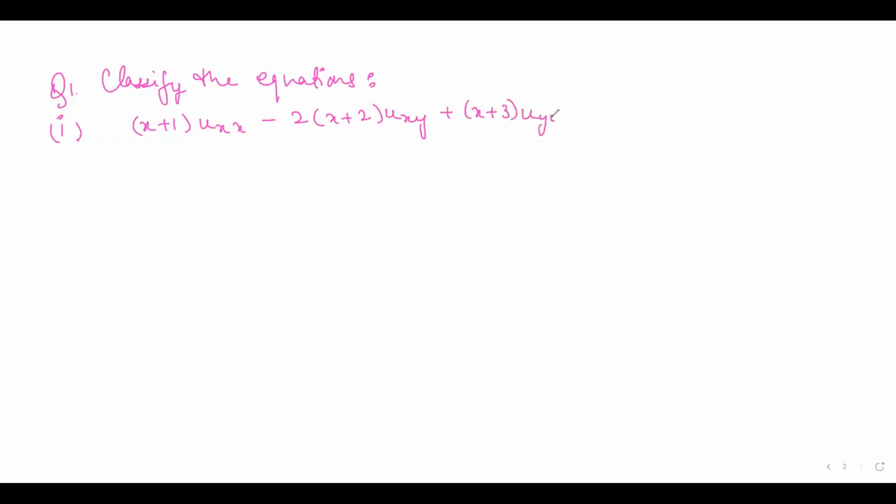Here you will notice that instead of del square u by del x square, this is written as uxx. I can rewrite this in that form only: del square u upon del x square, del square u upon del x del y, del square u upon del y square.